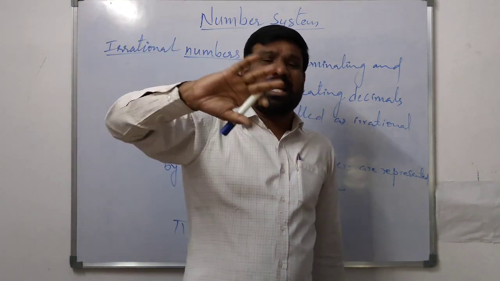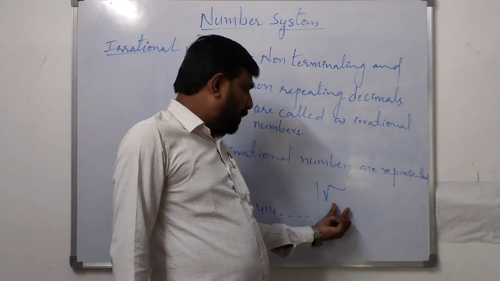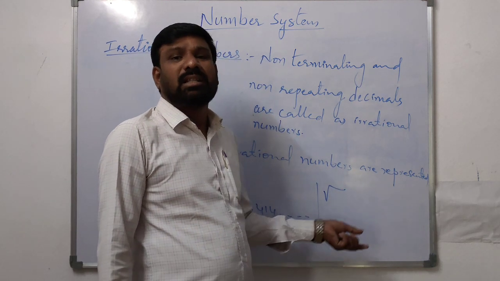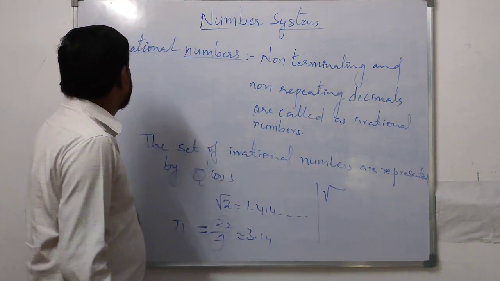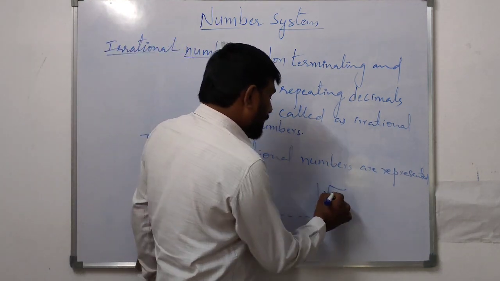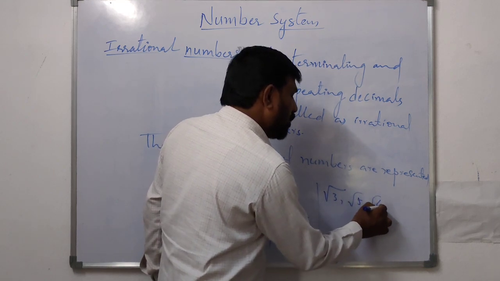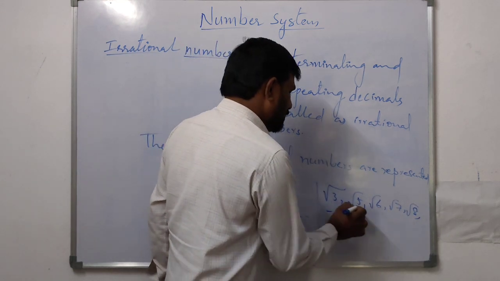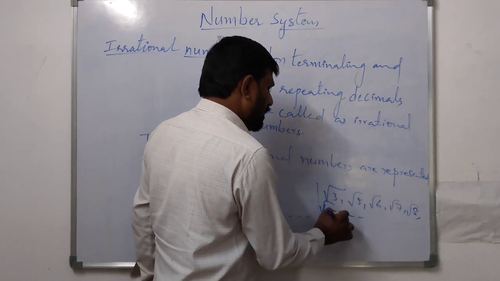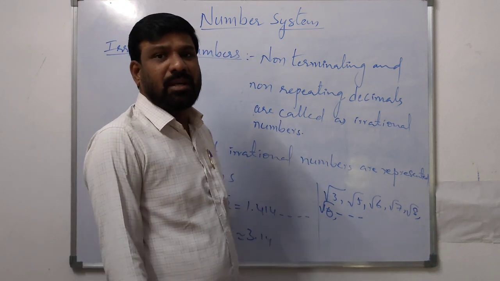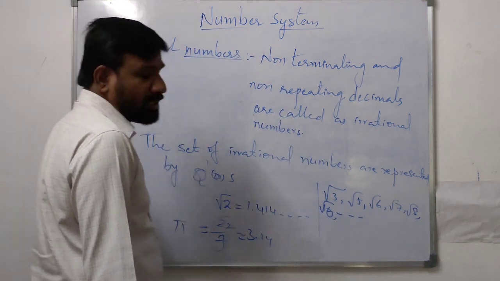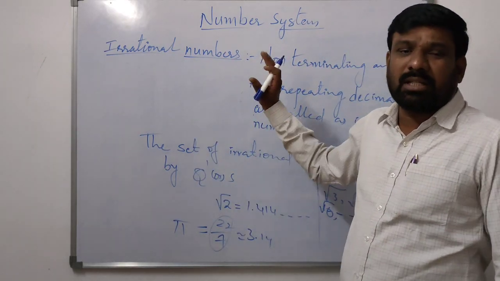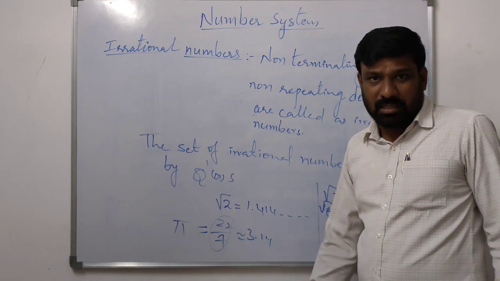If they are under the square root and they are not perfect squares, then they come under the examples of irrational numbers. So we can say root 3, root 5, root 6, root 7, root 8, root 10 and so on. I think you might have got the difference between rational and irrational numbers, right?